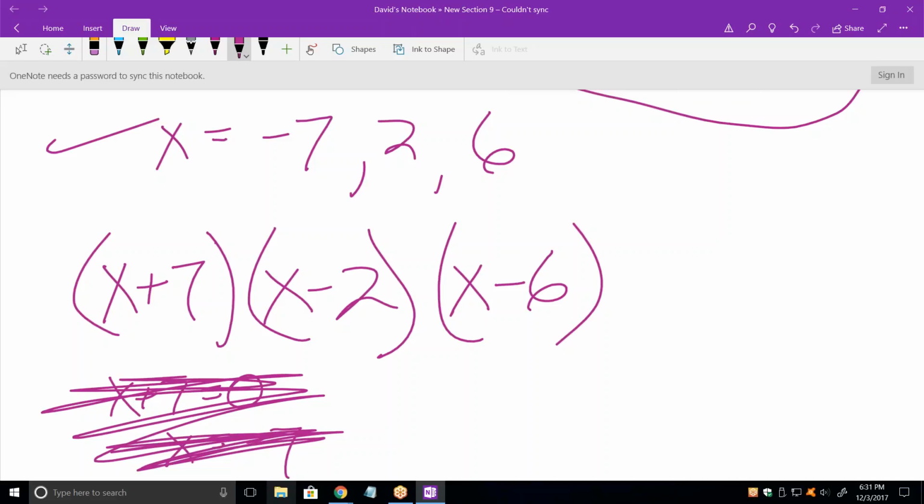Now, let's say the question said, come up with a polynomial with these 3 zeros that has a leading coefficient of 2. Okay. Well, let's say I came up with an answer like this. I don't want to spend the time going through that whole multiplication again, but let's just say this was my answer.